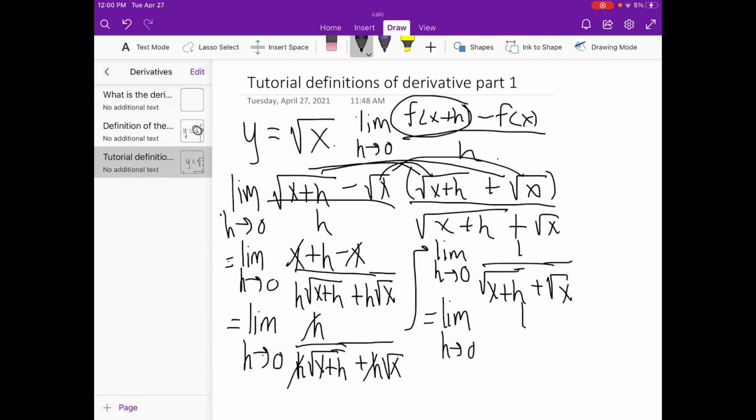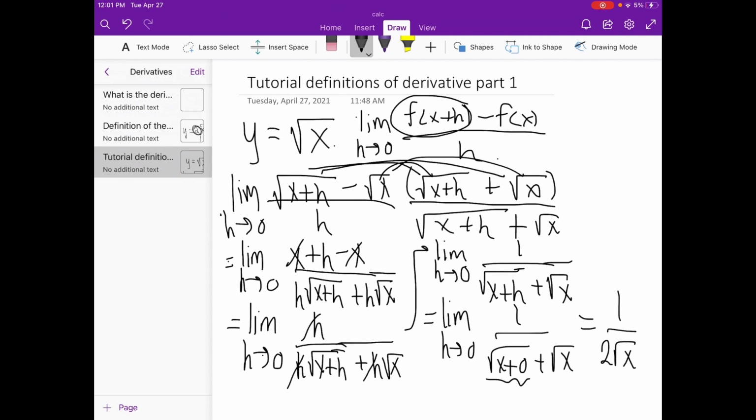Let's take the limit as h approaches 0. So h goes to 0. What are we left with? Quite easy. H approaches 0: 1 over root x plus root x. So let me rewrite this. 1 over root x plus 0 plus root x.